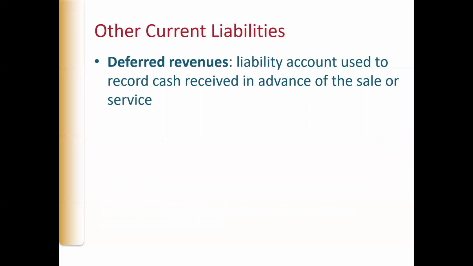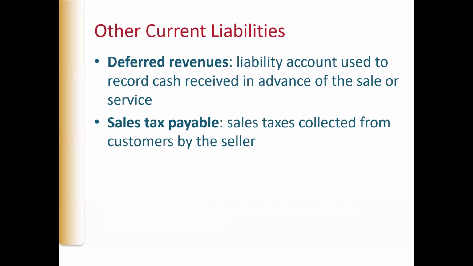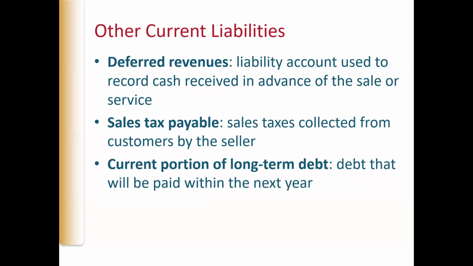We always debit the cash and we credit that deferred revenue account. There's also sales tax payable, when sales taxes get collected from customers by the seller, and we need to turn around and pay that to the appropriate authorities. And then there's also a current portion of long-term debt.